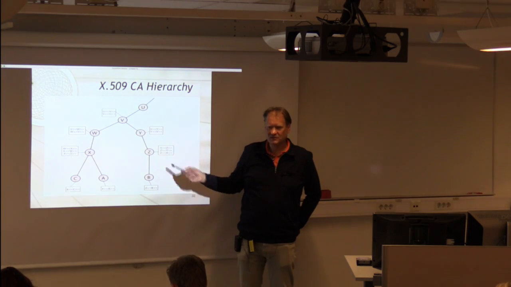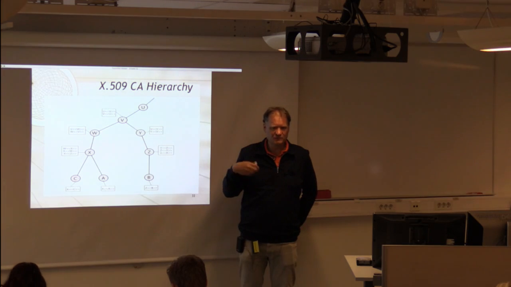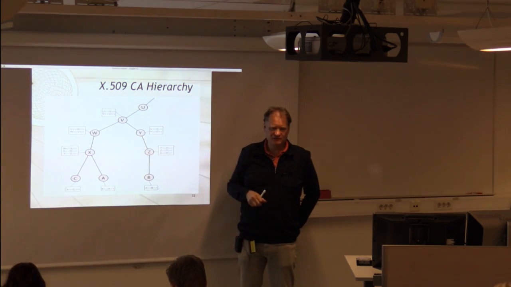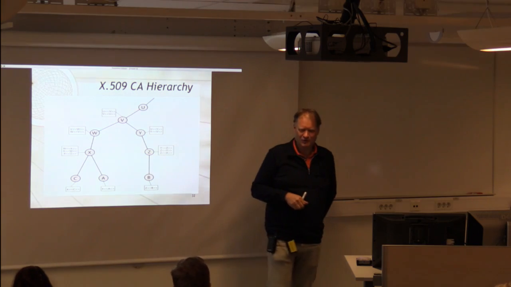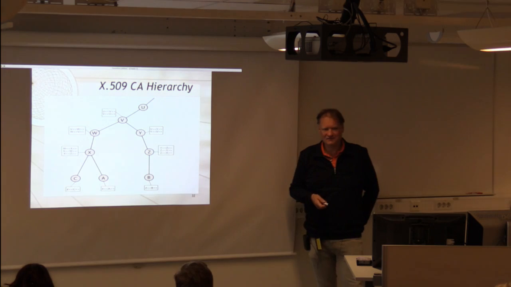But hopefully all the other CAs have eyes on each other, so they would start seeing that something's going on, and then they would exclude that CA from a list. But that's hopefully so. There is no mechanism here that automatically can handle that.